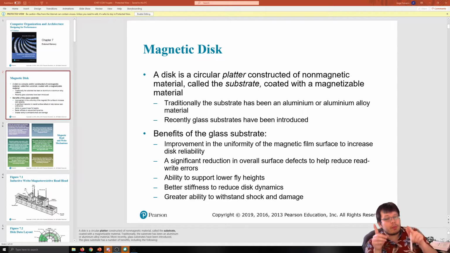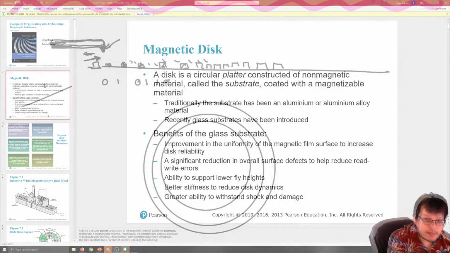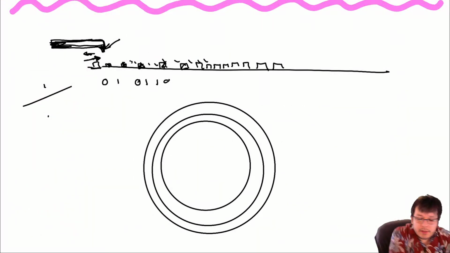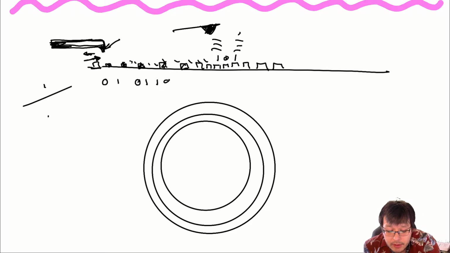That also poses a problem, because if we look at what I drew here, suppose that this one is magnetized and represents a 1, and this one is not magnetized and represents a 0, and then this one is magnetized and represents a 1. These are magnetic fields of their own, right? And so when this thing is reading, it can use the same needle or a different needle depending on the systems, but it's actually going to detect the magnetic field, and that's how it's going to be able to read the information.